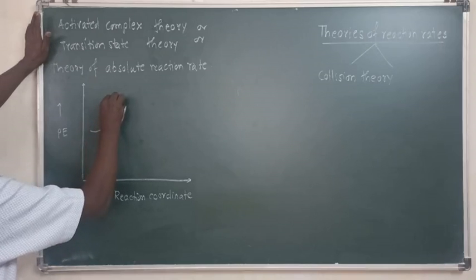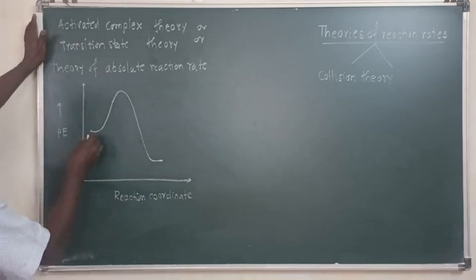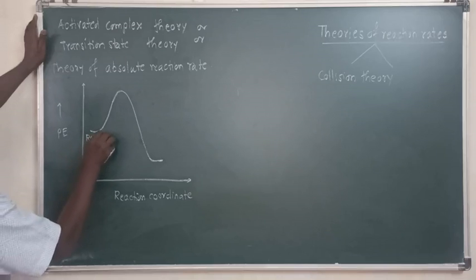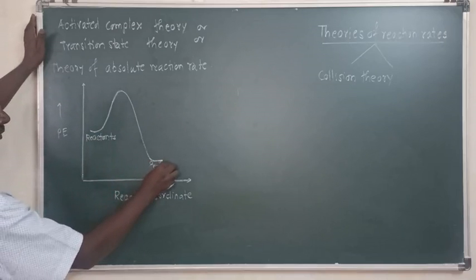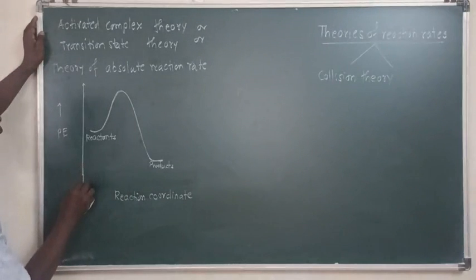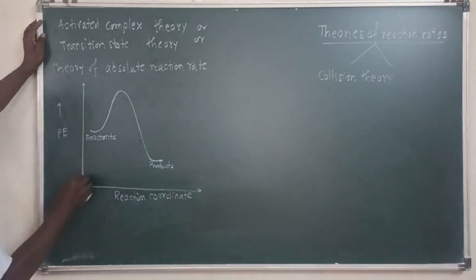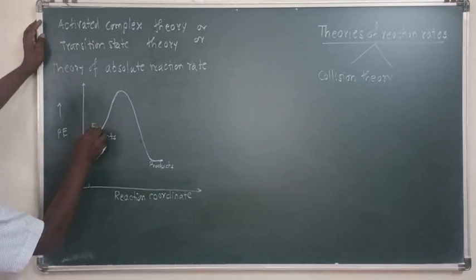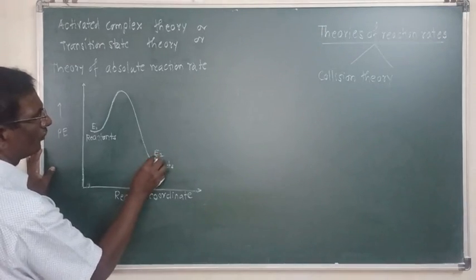Here are the reactants, and at this point are the products. The potential energy of the reactant is denoted as E1. The potential energy of the product is denoted as E2.